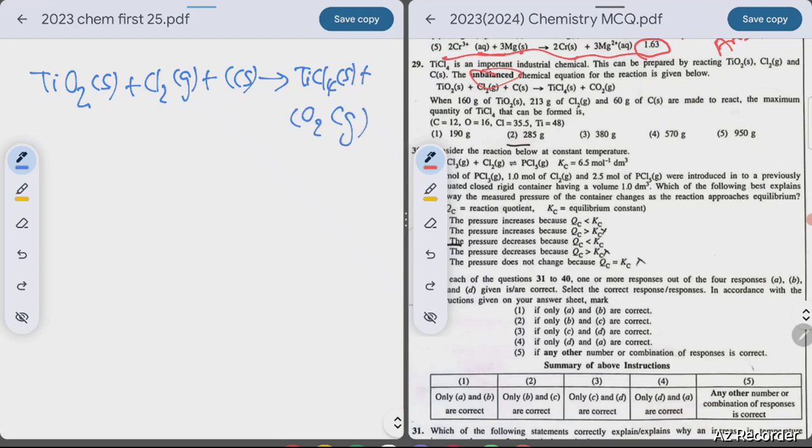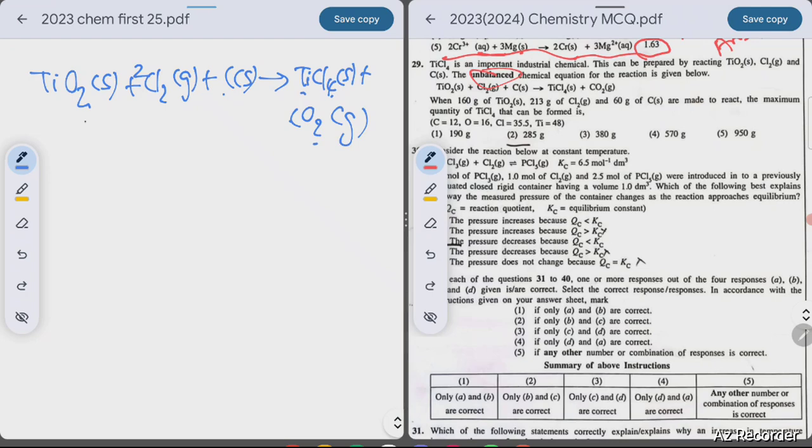Then Ti is balanced. Here there are 4 Cl, so 2 Cl2. Carbon, 1 and 1, and O2 okay. 2 Cl2 gives Cl4, 1 carbon, 1 carbon. So now the reaction is balanced.